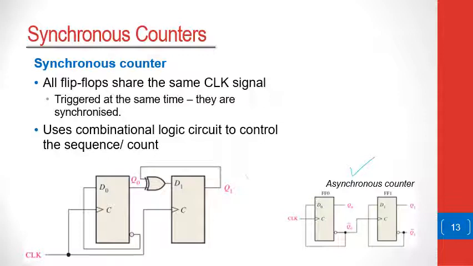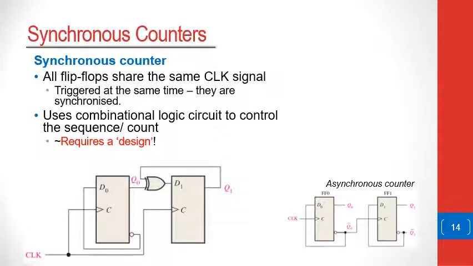It's asynchronous because the clock here is only connected to the first flip-flop, and the second flip-flop has a different clock. If you compare that to this particular case where the same clock goes into both the first flip-flop and the second flip-flop, you will see the difference between synchronous and asynchronous.